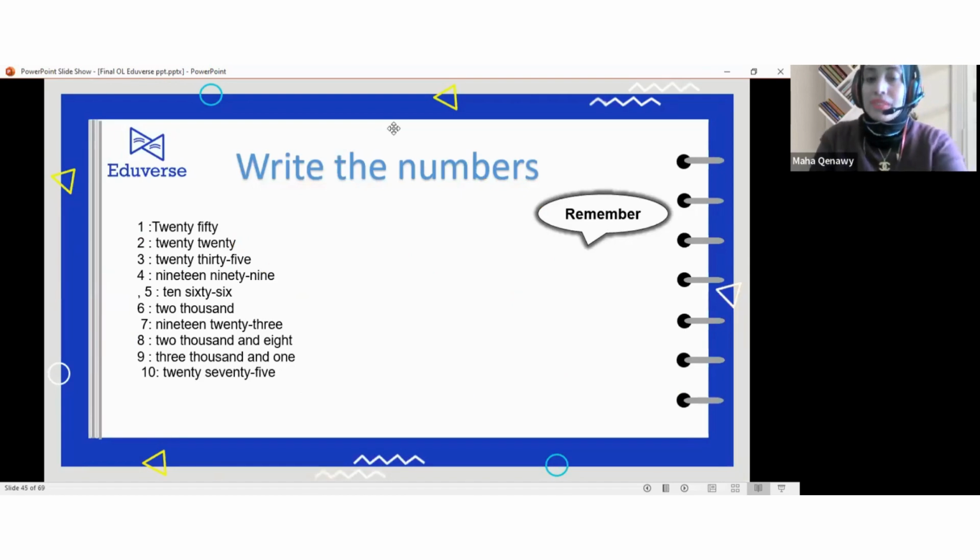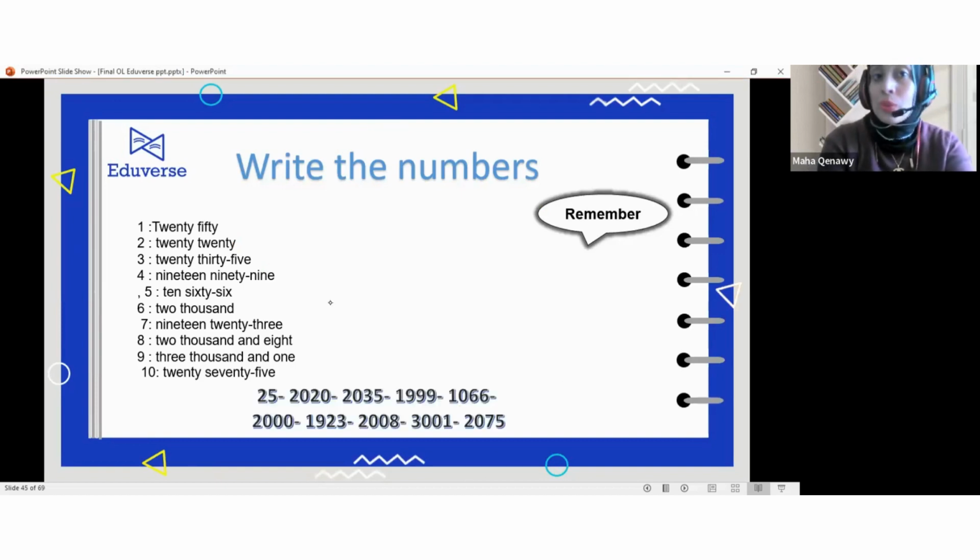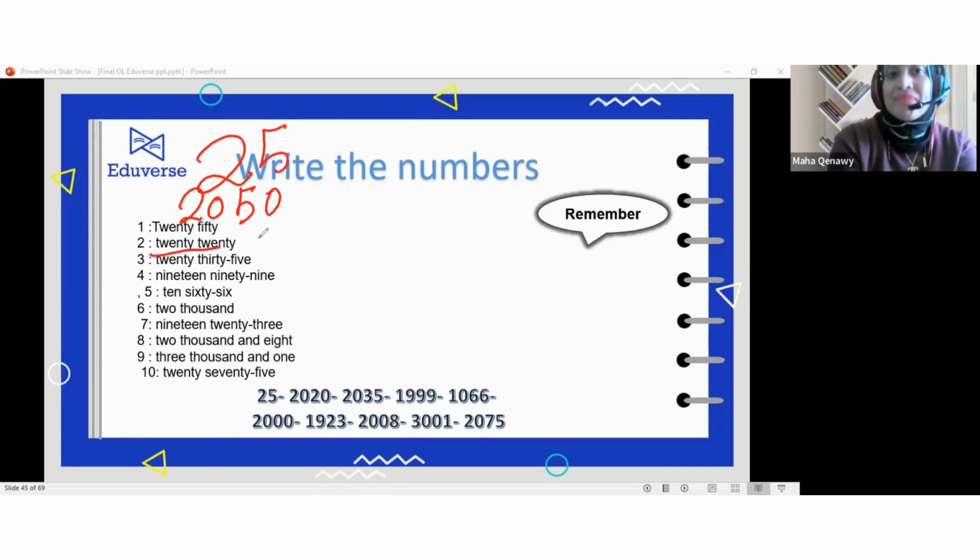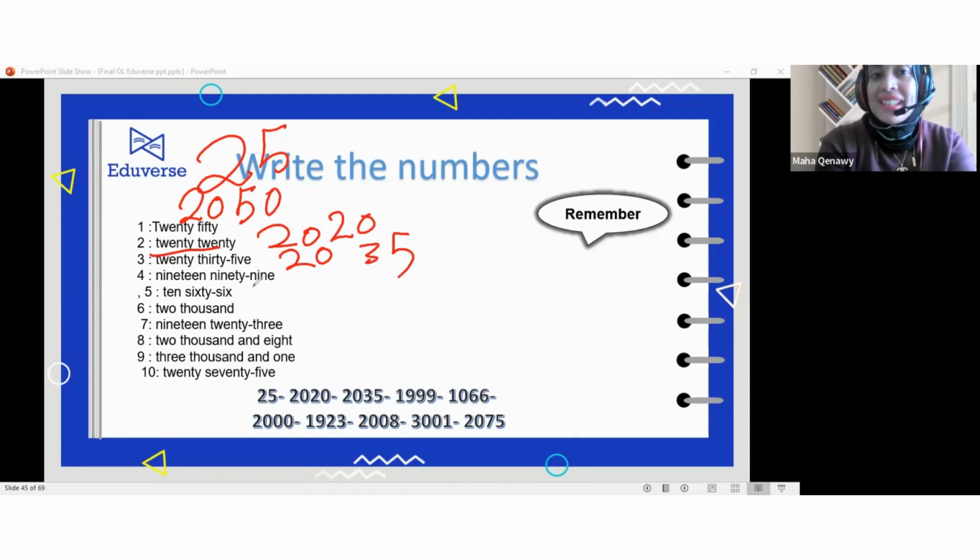Let's write them. Now, which number is this? Sorry, 25. Is it 25 or 2050? If it's 2050, it's like this. If it's 25, it's going to be like this. 2020, very good. 2030, 2035. 1999.